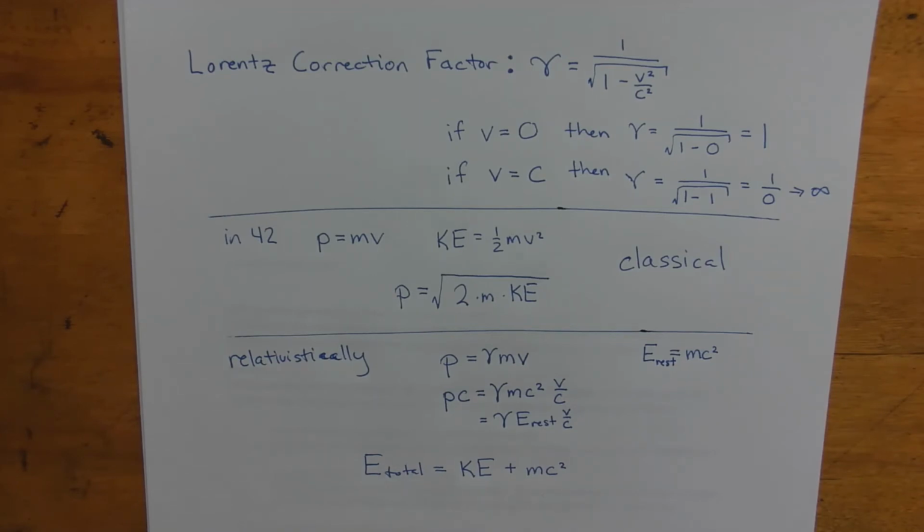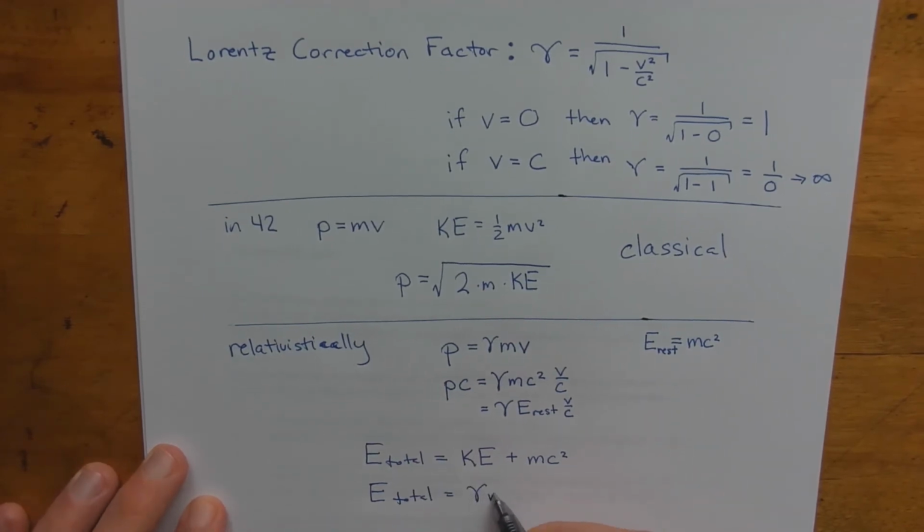Then the total energy can also be written as gamma times mc squared. But we can take these two equations and we can then use them to write an expression for the kinetic energy.